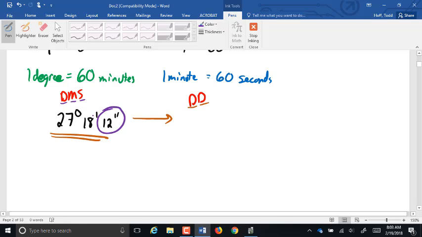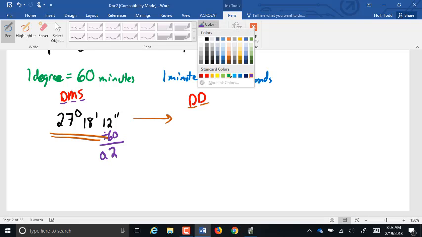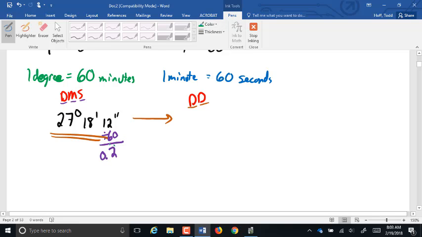In this case, the seconds, the 12 seconds. And we're going to convert them up to the next largest unit, which would be minutes. Well, how many seconds are in a minute? 60. So we're going to take that 12 seconds, we're going to divide by 60. That's 0.2.